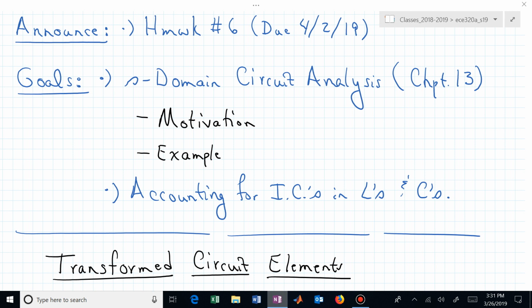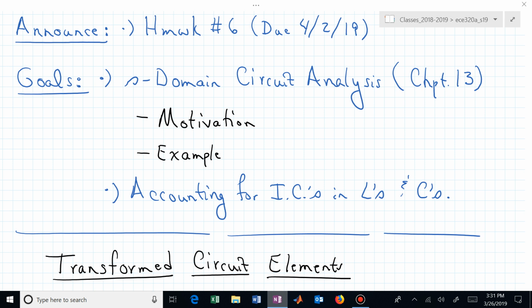The algebra will be involving complex variables S, and we'll be playing with these polynomials, but you know how to play with polynomials in the form of inverse Laplace transforms to get back into the time domain. And we'll try to motivate that today and give an example.